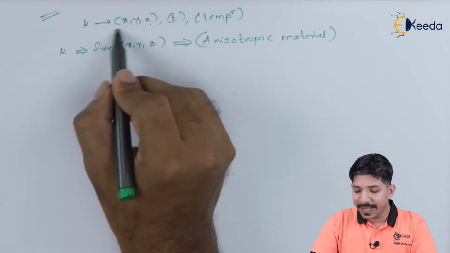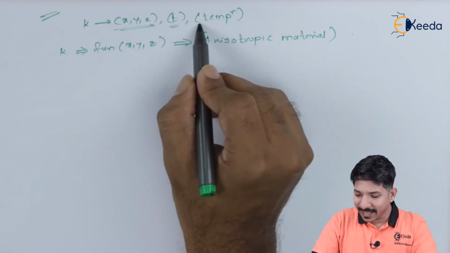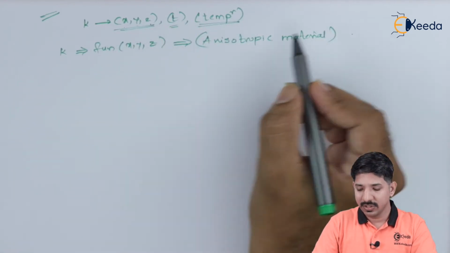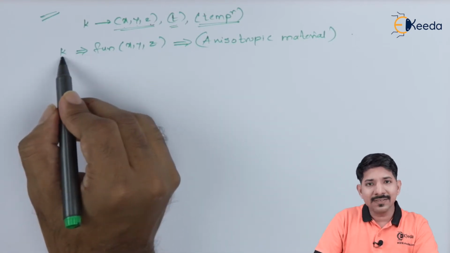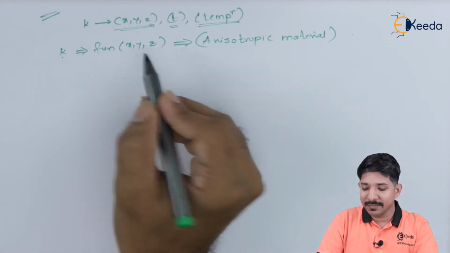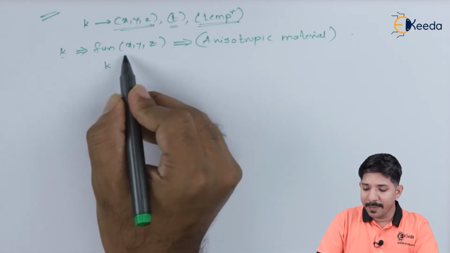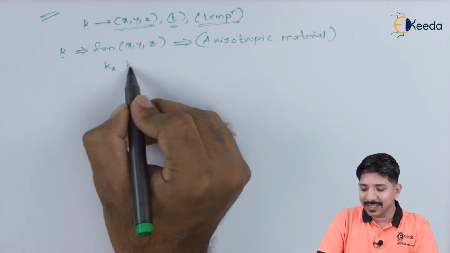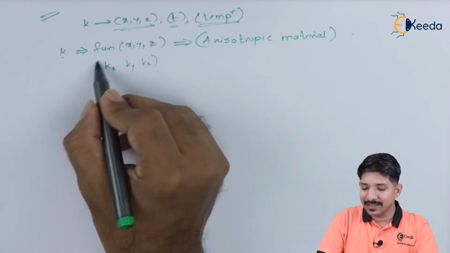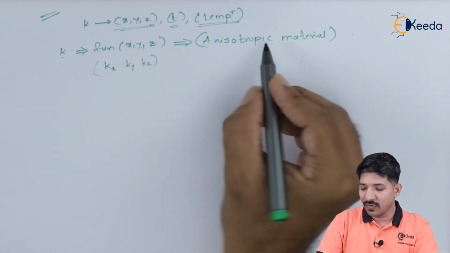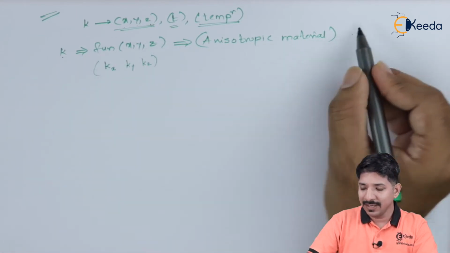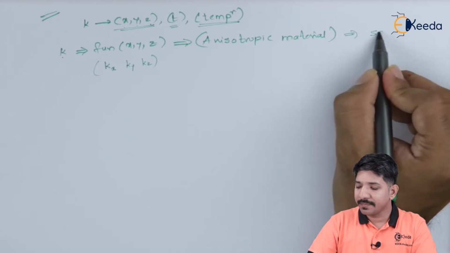Along with the space and the time coordinates, it can also be a function of temperature. If the thermal conductivity is a function of x, y and z, means the value of K may be different in x direction, y direction and z direction. That sort of material we call the anisotropic material. The example is sapphire.